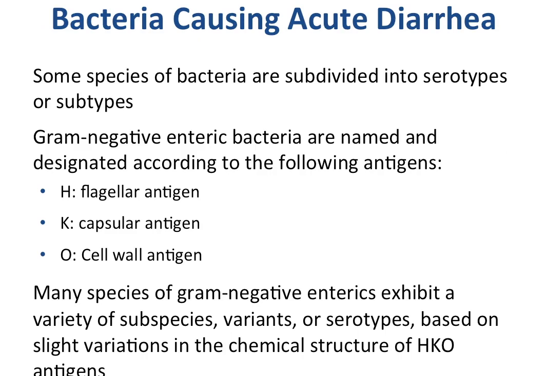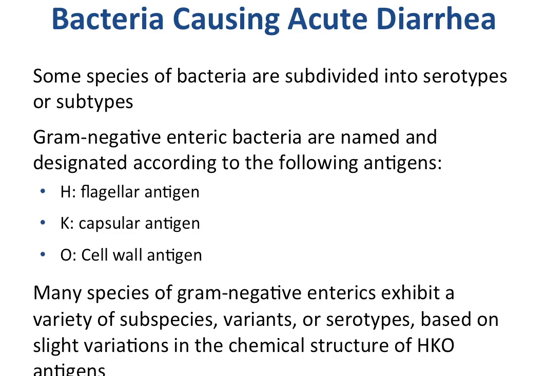So many microorganisms can induce diarrhea. Normally those bacteria are gram-negative enteric bacteria. Those bacteria can be classified by H flagella antigen, K capsule antigen, and O cell wall antigen.